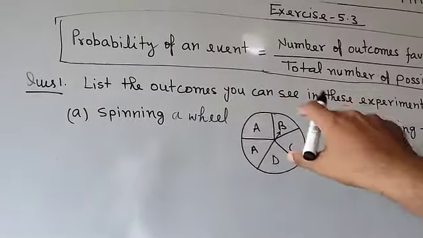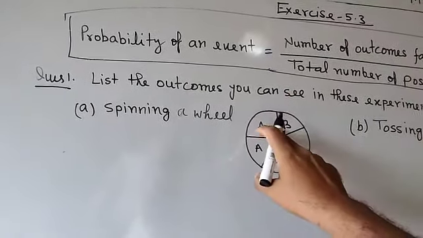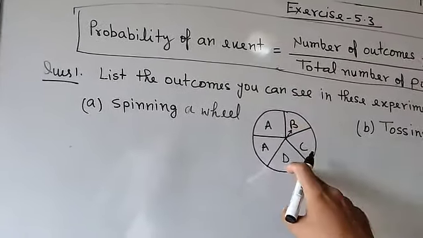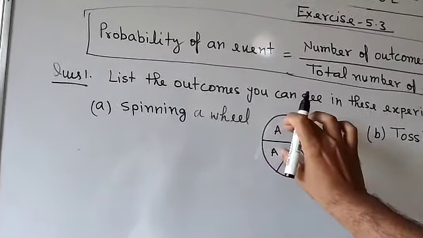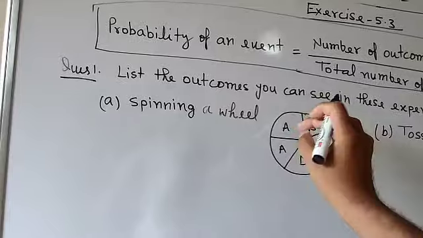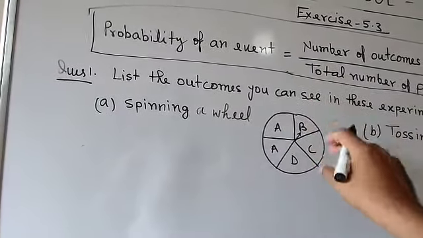If you spin the wheel, the possible outcomes will be A, B, C or D. Again, A is here, so that is also called A. Both the A's are not going to differ.